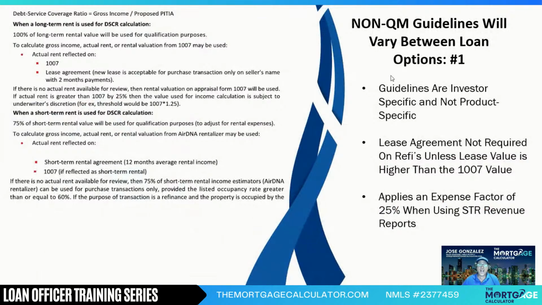So now non-QM, it's a little bit different, like I mentioned. The guidelines are investor specific and not product specific. So what that means is it really wouldn't be valid to ask the question, for a DSCR loan, do you have to have XYZ?